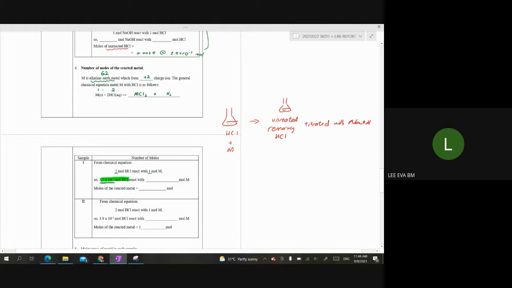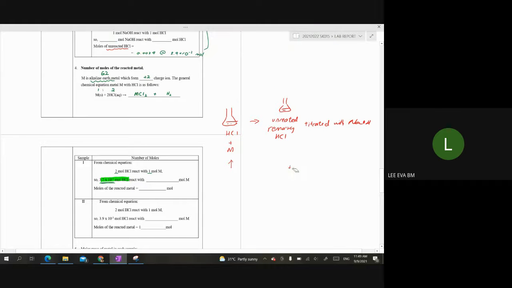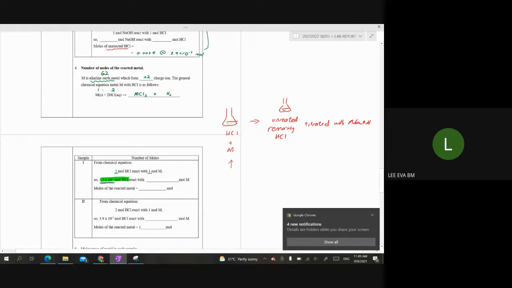So sebenarnya yang unreacted ini dia sudah react dengan metal M. So yang tinggal baki baru kita react dengan NaOH. So we are using the mole of unreacted HCl to calculate the number of mole of our metal.